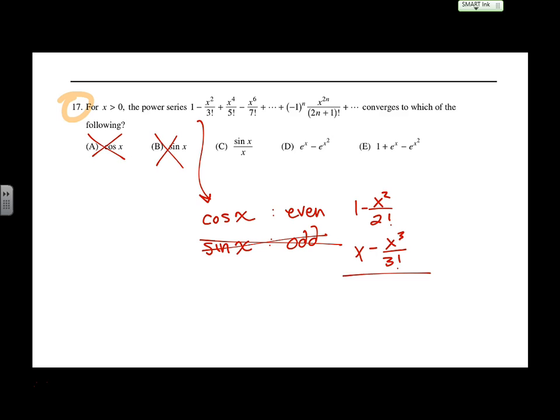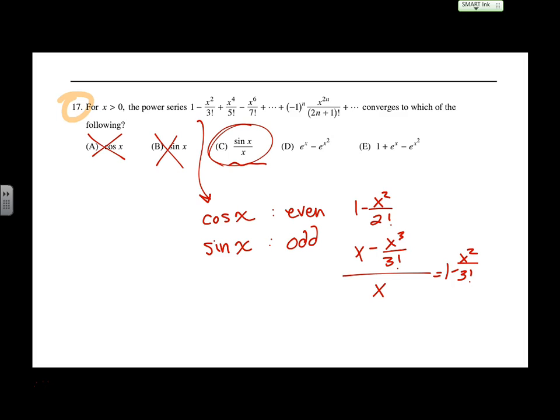What if we were to divide this by x? Does that make a difference? Yeah, because that means that every x power decreases, right? So wouldn't that be 1 minus x squared and the 3 factorial would remain? That's why C is the answer.